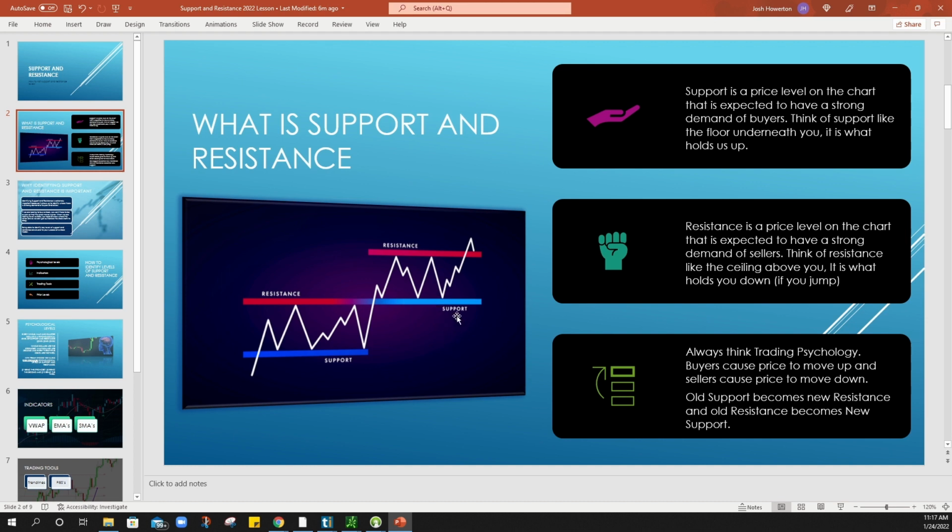And normally when we come back up to that old floor, it turns into the new ceiling. So old support, if we lose it, becomes new resistance. And old resistance, if we break above it, turns into new support.